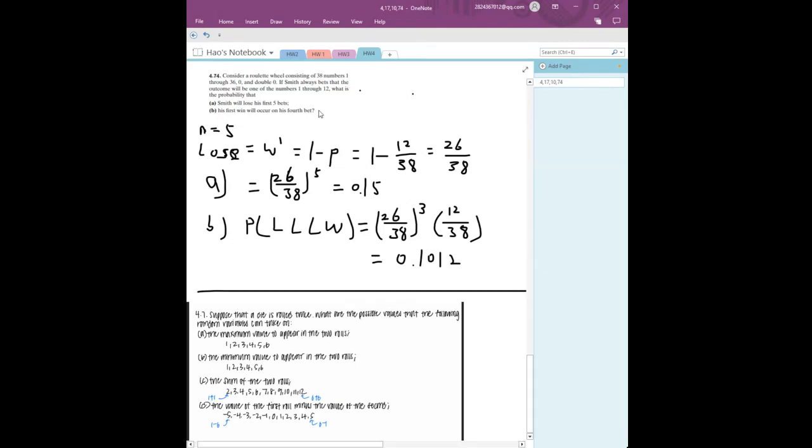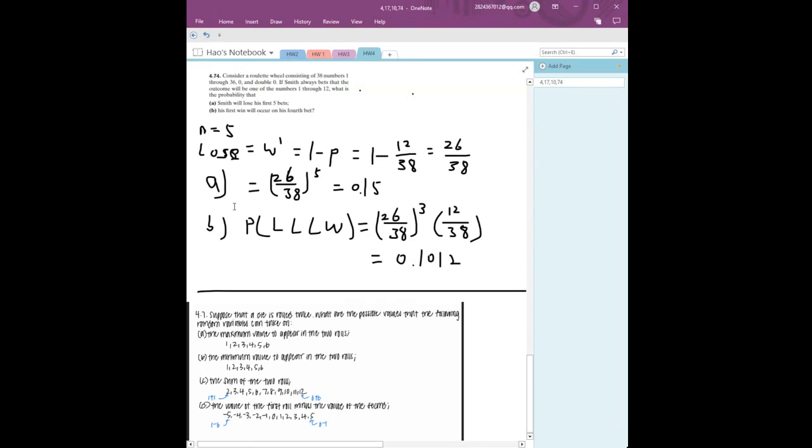The probability of a win is 12 over 38. Then the loss is 1 minus the win, it's 26 out of 38. The first 5 bets going to lose, it's 26 over 38 to the 5th power, which is 0.15.